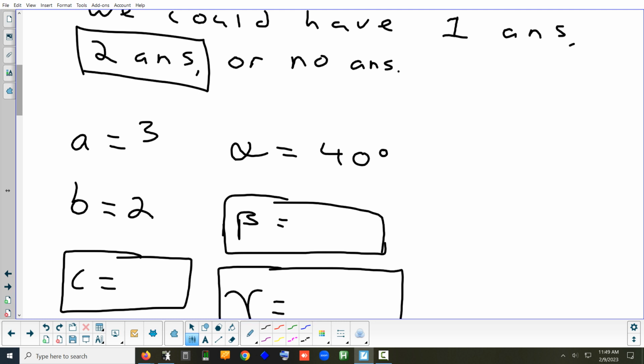Also, you really don't have any choice at what you want to do first here. Because when you're solving a law of sines problem, you need a full row in your table. That's why side, side, side doesn't work with law of sines. It's not a full row. You only have one row here that's full, so you have to use that.